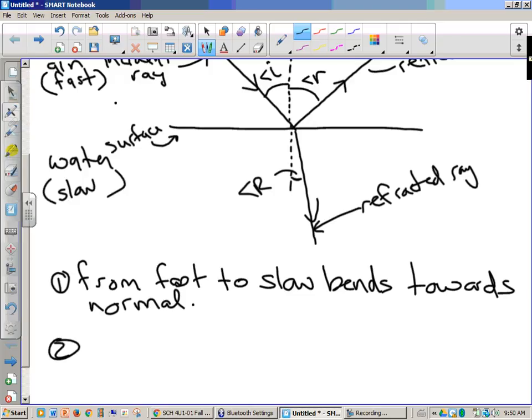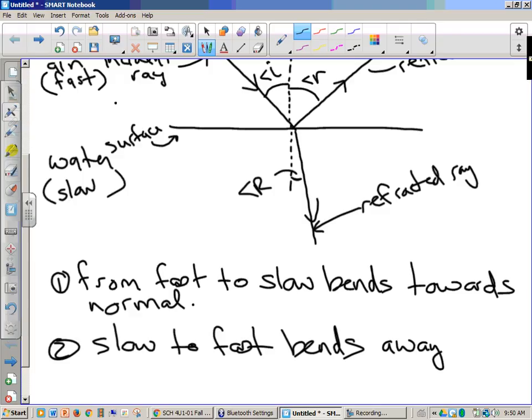And 2, from slow to fast bends, and yeah, away, right? If you know the one, you should be able to have the other one. Away from the normal. Okay? All right, and again, my screen doesn't like to stay on, so this is going to drive me crazy.